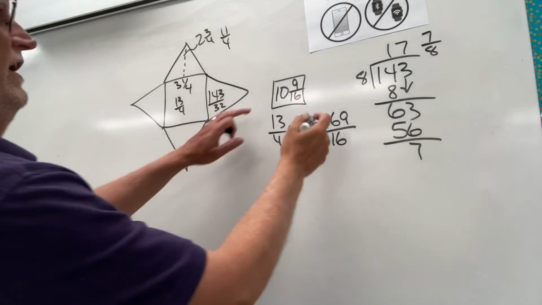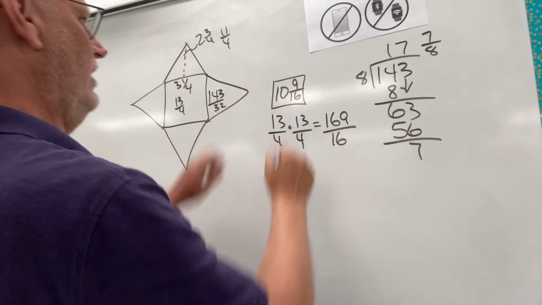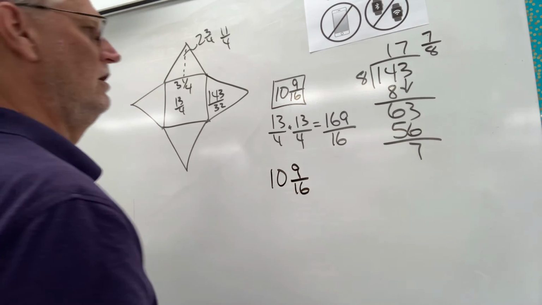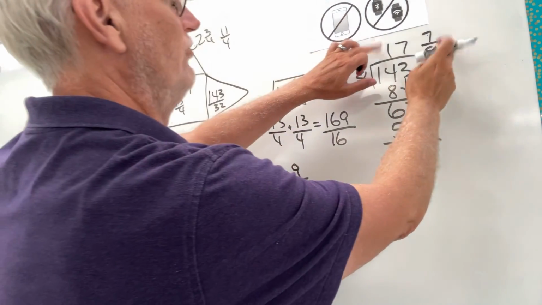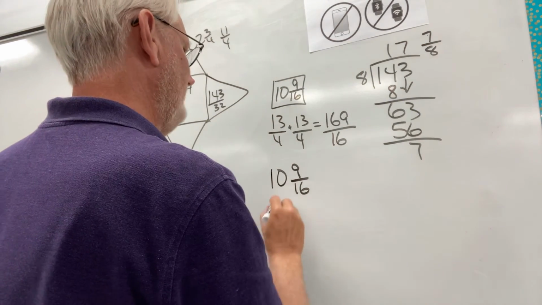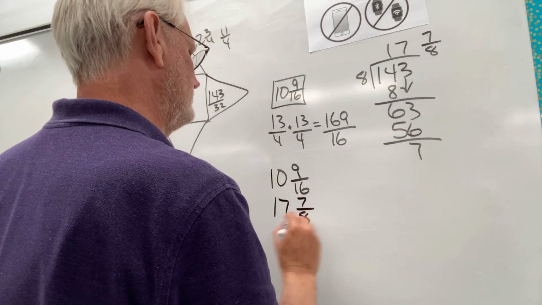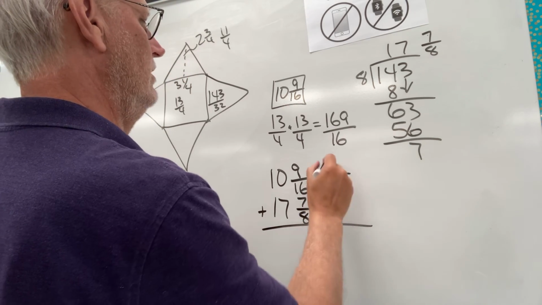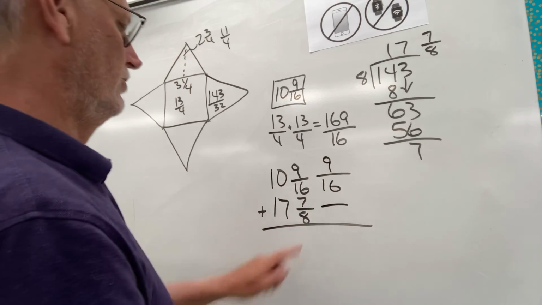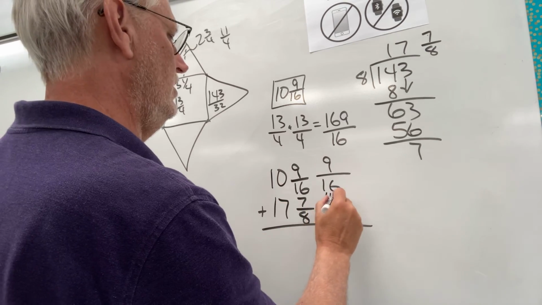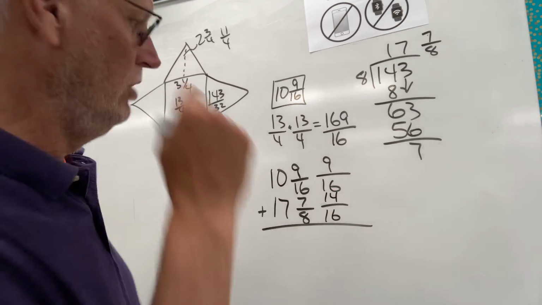So now I know the area of my square was 10 and 9 over 16. The area of all 4 of my triangles is 17 7/8. So now when I add this up, I have to have common denominators. So this is going to become 16. This is going to become 14 because we're multiplying by 2.